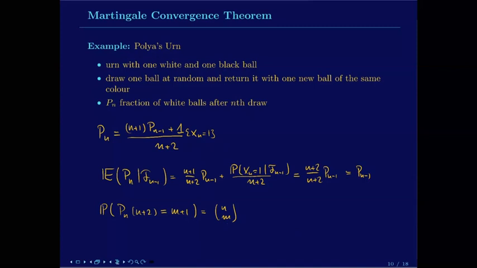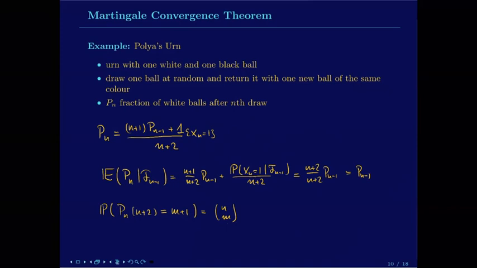And then the probability for a particular sequence, we have each time a fraction. So if we look at the sequence where we first have the white balls, then we have first 1 over 2.